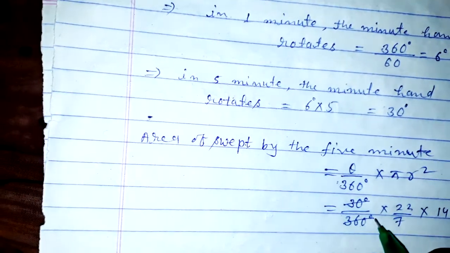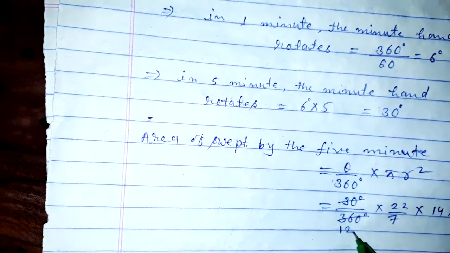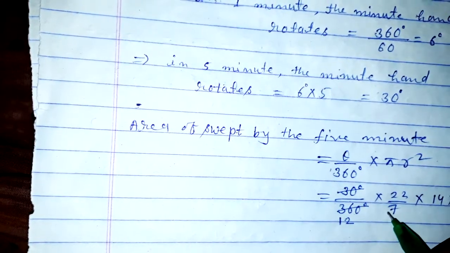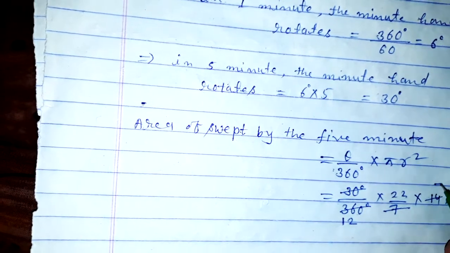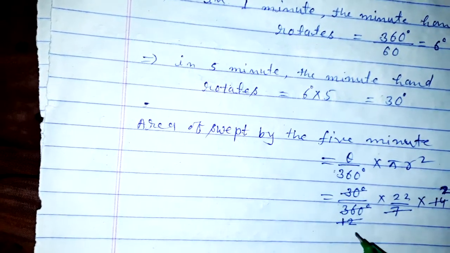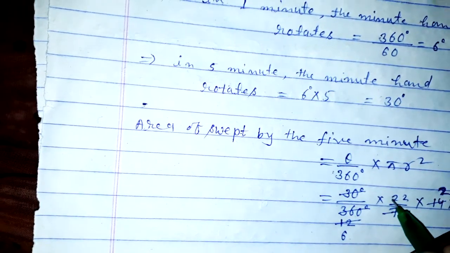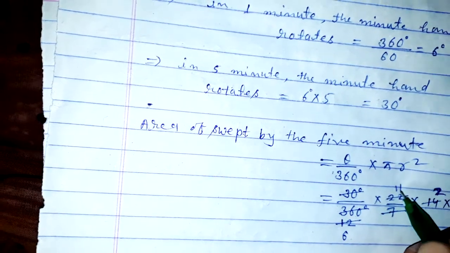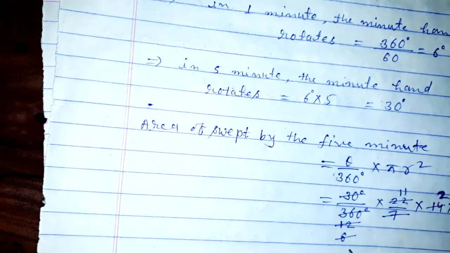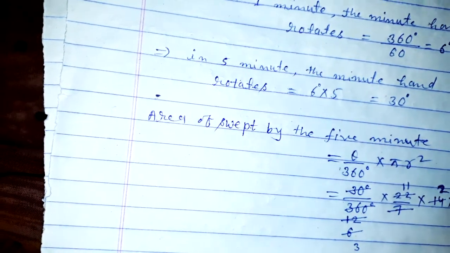So this cancels out, 3 1s are 3, 3 2s are 6, 7 2s are 14.